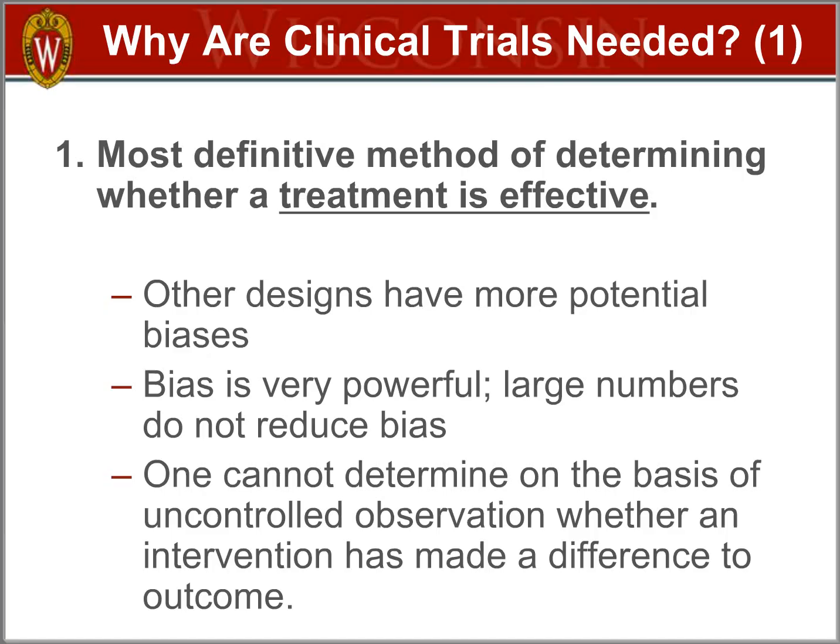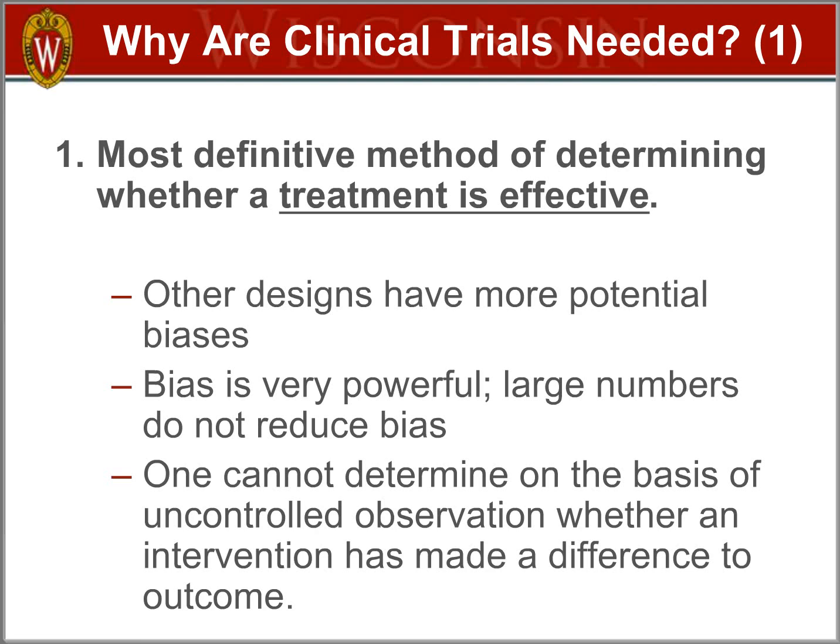Well, why are clinical trials needed? We believe, and think we can argue, that this is the most definitive method of determining whether the treatment is effective or not. As I've indicated, there are many other designs where we learn things about a new therapy. But these other designs have more potential for bias. Bias means that one therapy has inherently an advantage over the other by the nature of the design.